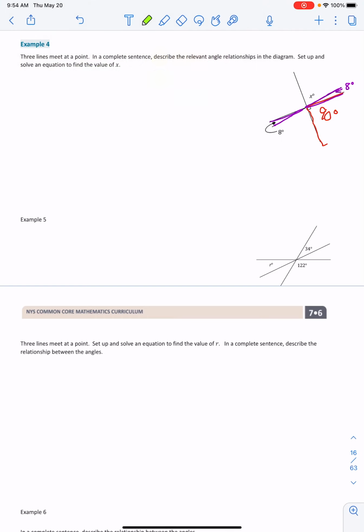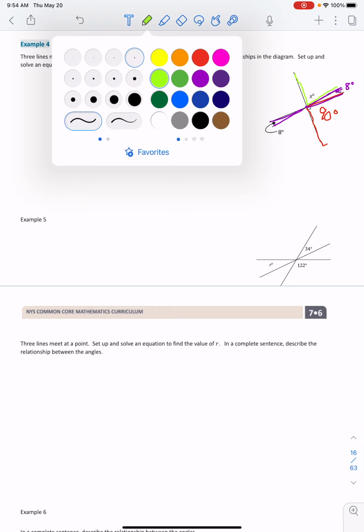And we then can say angle x and angle 8 degrees then form a 90-degree angle.